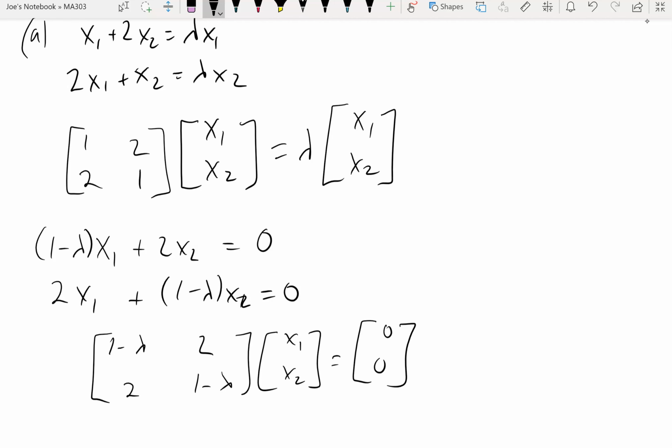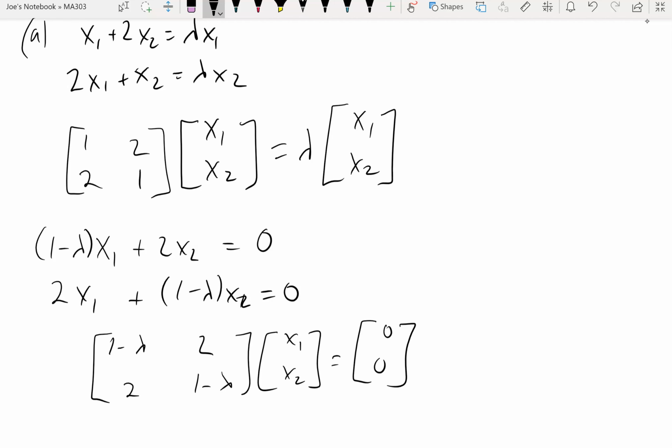If I can multiply both sides by the inverse of this matrix, what answer am I going to get? 0, right? Because if I take the inverse times 0, 0, I'm going to get 0, 0, right? So if I can find an inverse for this particular matrix, I will get the trivial solution.